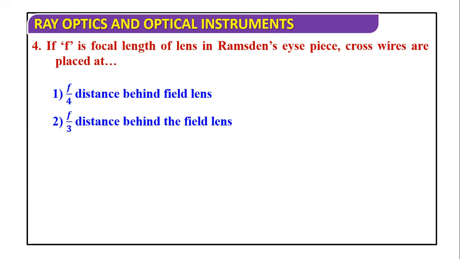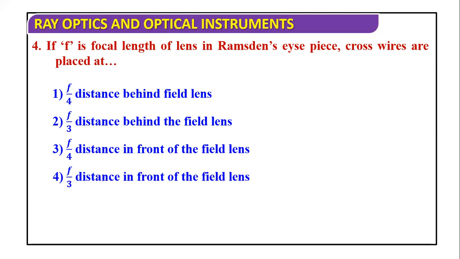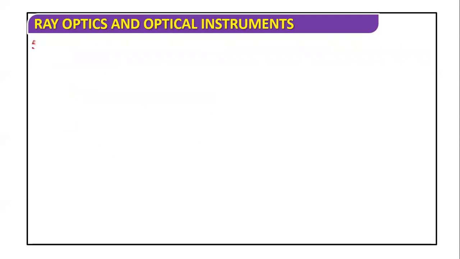Cross wires should be arranged at a distance f by 4 in front of the lens in the Ramsden's eyepiece construction. So the correct option is f by 4.